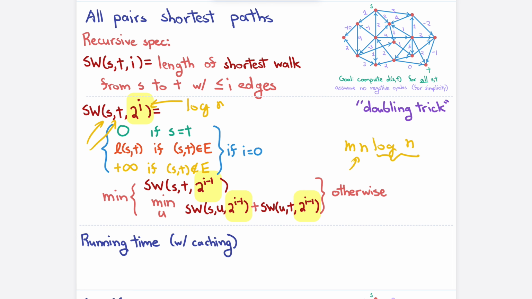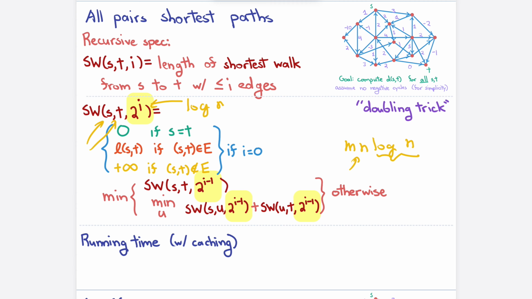Where does N come from? Yeah, so in here, just looping over U, we're trying all the intermediate vertices.